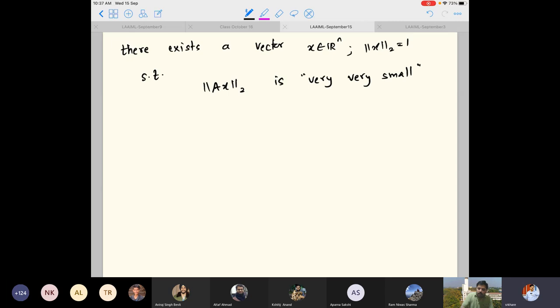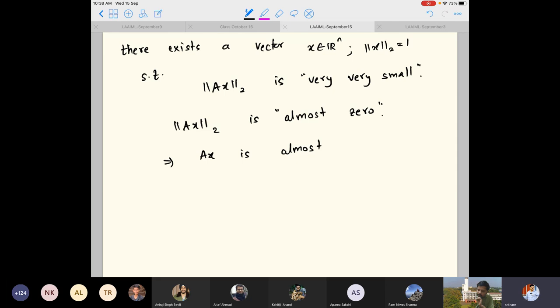When I'm saying Ax is very small, what I really mean is that Ax is almost 0, right? So the 2 norm of the vector is almost 0, which means the vector is almost 0.